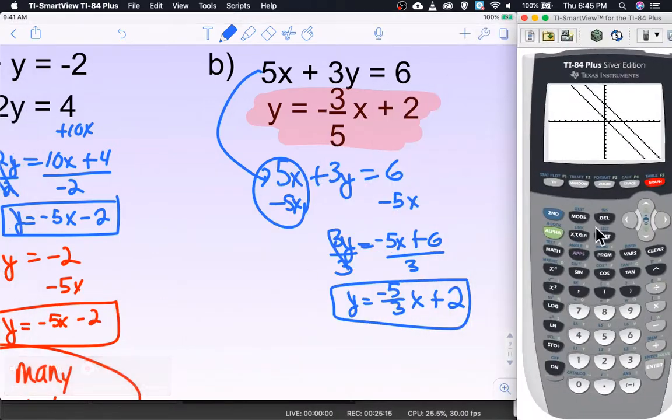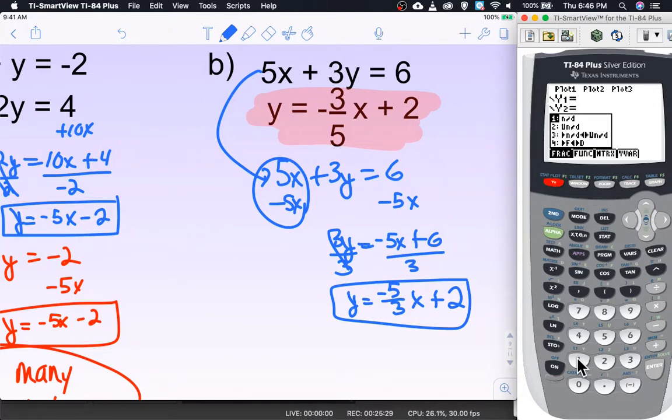I'm going to quickly show what this would look like on a graphing calculator, so if you've got one, you can follow along with me. I'm going to type in my fraction of negative 3/5 x plus 2.